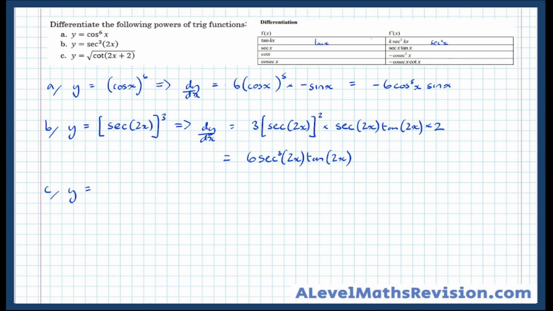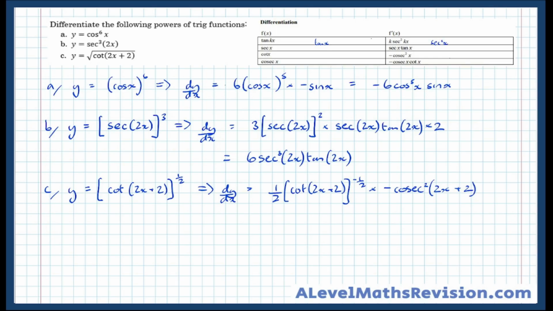So for differentiating, this is better written as cot of 2x plus 2 to the power of 1/2, which means that dy by dx equals 1/2 cot of 2x plus 2 to the power of minus 1/2 times by the power, take 1 from the power, multiply by the differential of cot of 2x plus 2, which is minus cosec squared of 2x plus 2 times the differential of its bracket, because that's the chain rule as well, which is 2.